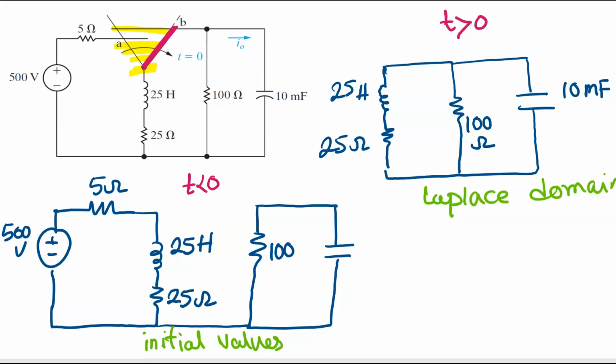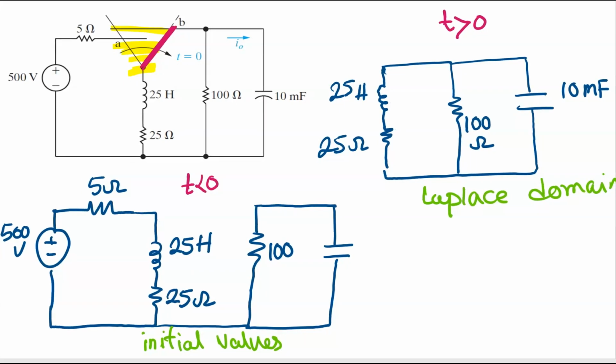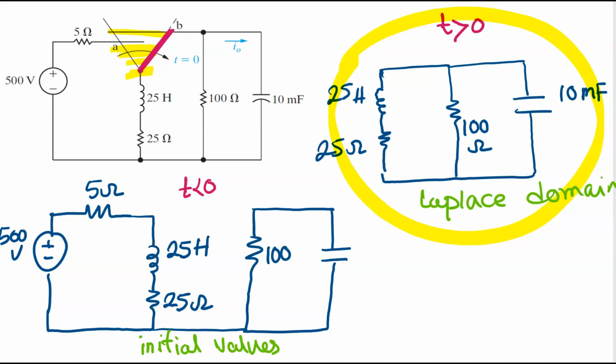So I have to transfer the circuit after zero into Laplace domain. So this is the circuit that I have to focus on when I'm trying to prepare my circuit for Laplace domain. And now I'm going to go to the circuit before zero and find my initial values here. Then I'm going to use them for the circuit after zero.